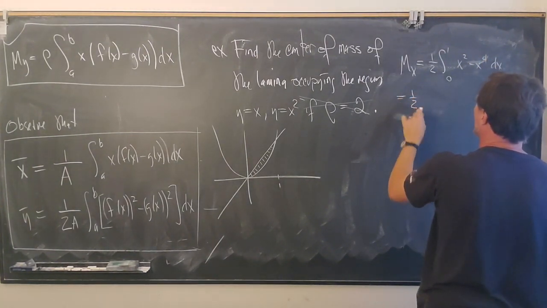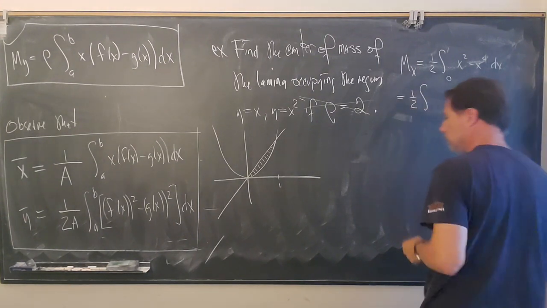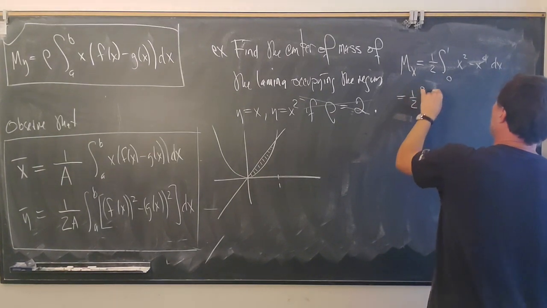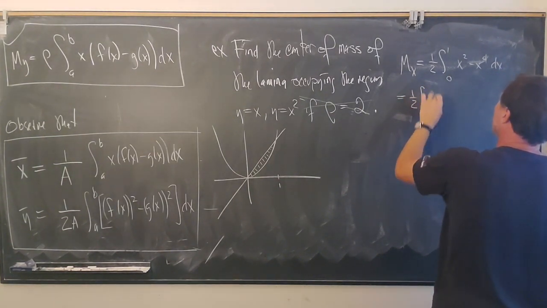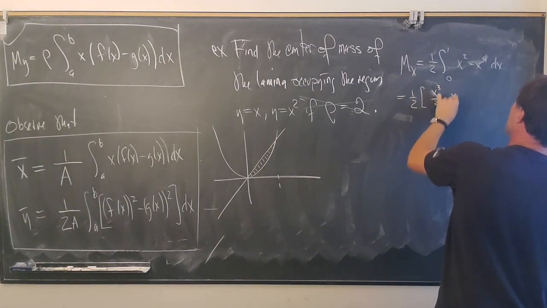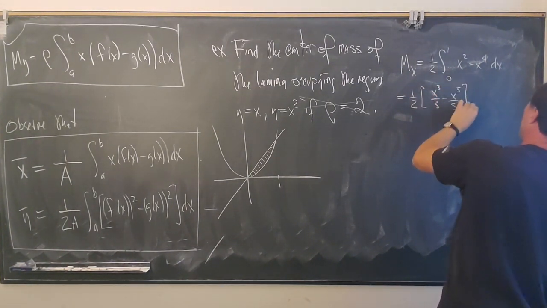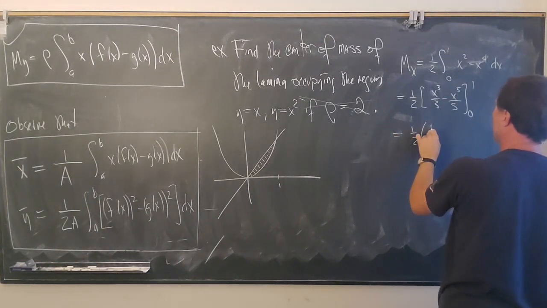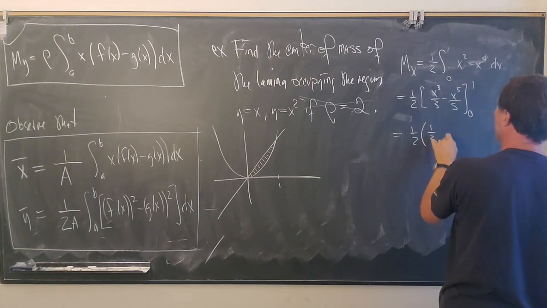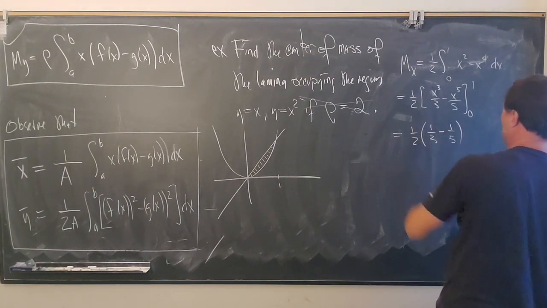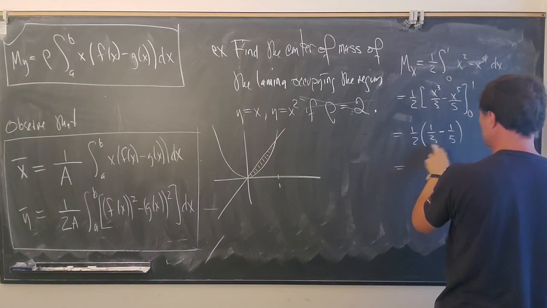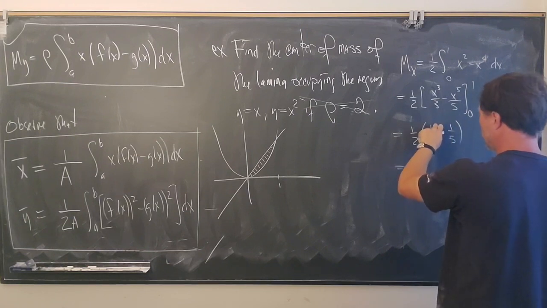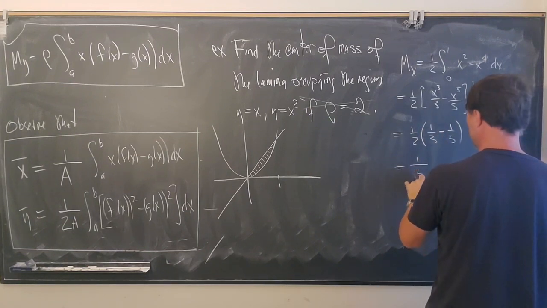We can bust this out real quick. 1/2 times x cubed over 3 minus x to the 5th over 5, going from 0 to 1. So that's 1/2 times 1/3 minus 1/5. Common denominator here is 15. So that's 5 minus 3, which is 2, which cancels, and we get 1/15.